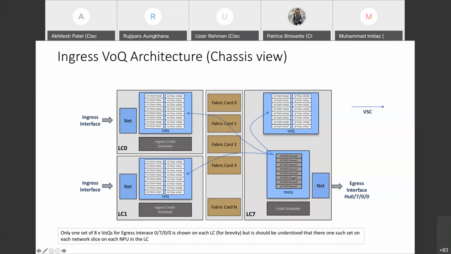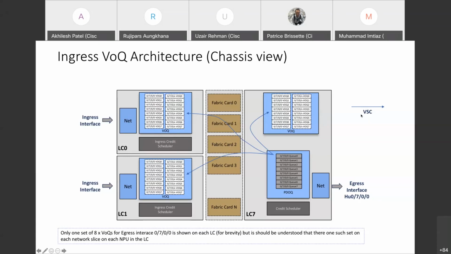So it means that the VOQs for 0700, Q0 to Q7 or VOQ0 to VOQ7, will be replicated on all ingress slices. To simplify, we just assume there is only 1 slice per line card. As we can see, the VOQs on line card 0 are replicated on line card 1 and even on line card 7 as well.